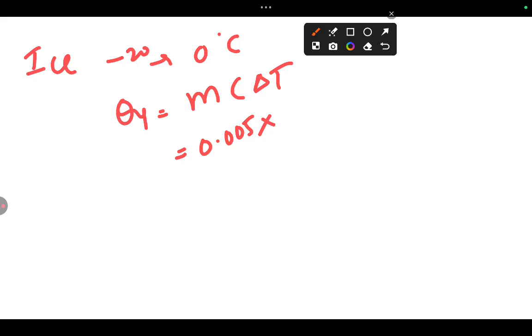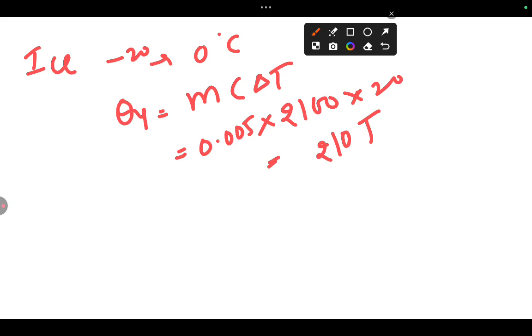And the specific heat of ice is given in the question, from the calorimetry concept. So Q1 equals, for ice, about 2100, and the change of temperature is minus 20 to 0, which gives 210 joules.